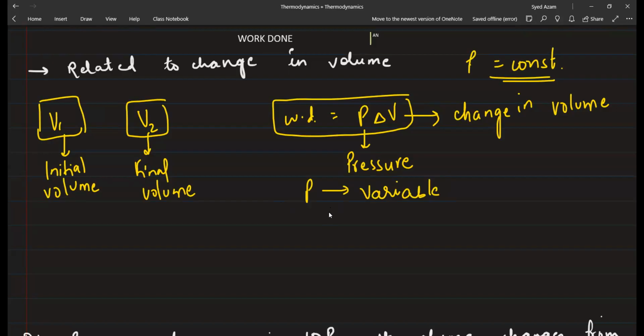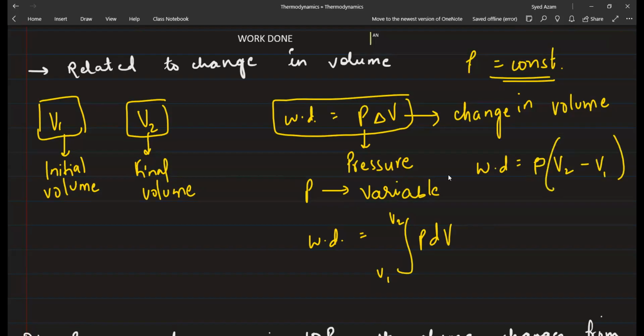Okay, so we will use integration because it's variable. So P dV we are going to use from V1 to V2. And when I say P delta V, it means properly calculate the change in volume. That is this V2 minus this V1. In integration, we have the limits to put, so it's okay.